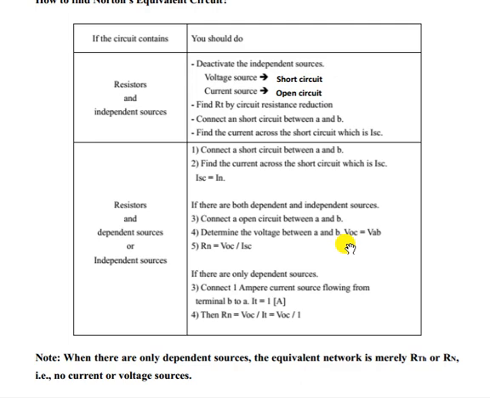For Norton's theorem, first find ISC, the short circuit current, by removing RL and short circuiting it. After that, make it open circuited and find the open circuit voltage. RTH will be the open circuit voltage divided by the short circuit current, if we have both dependent and independent sources.